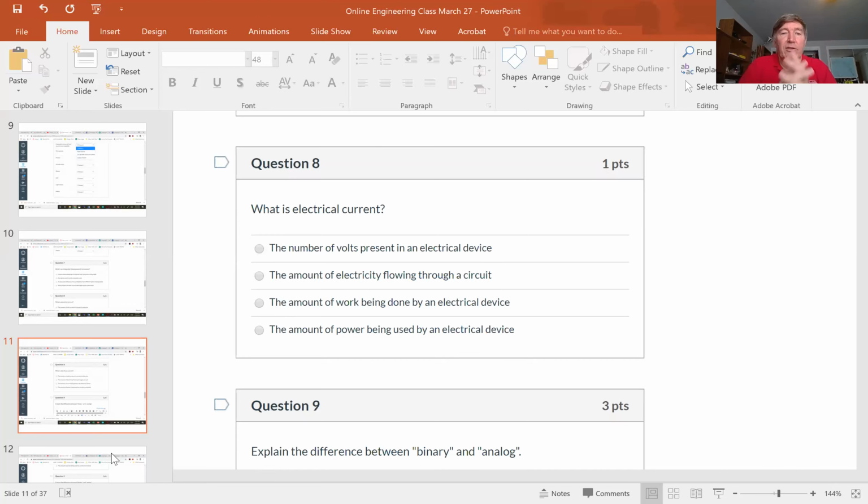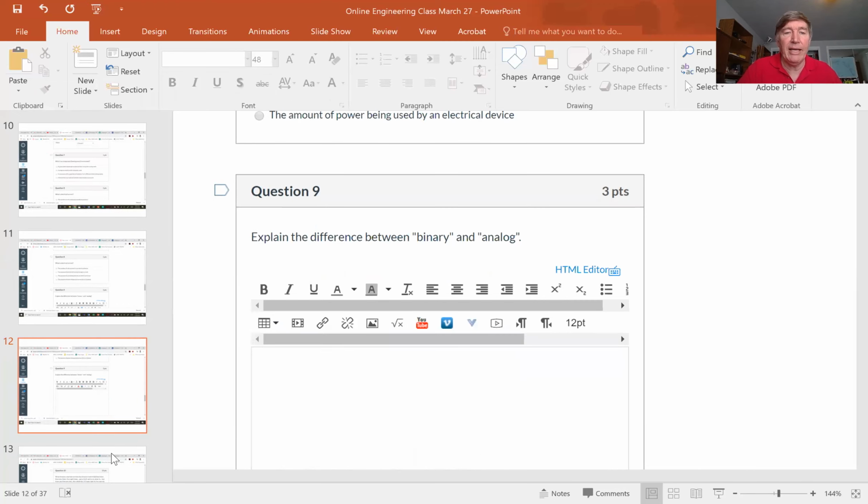But people who work with electricity day in, day out, they don't call it that just because it's awkward to say. It's faster to call it an amp. So an amp is another way of saying coulombs per second. So it's the amount of electricity that flows past a certain point.